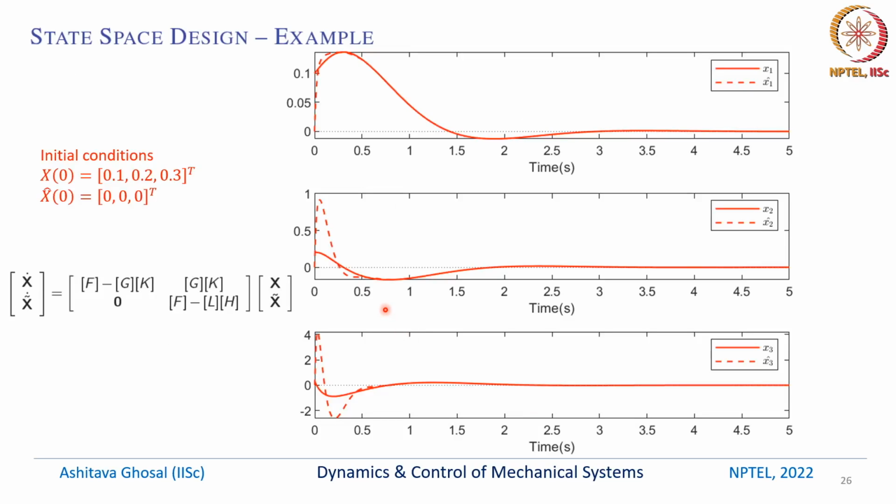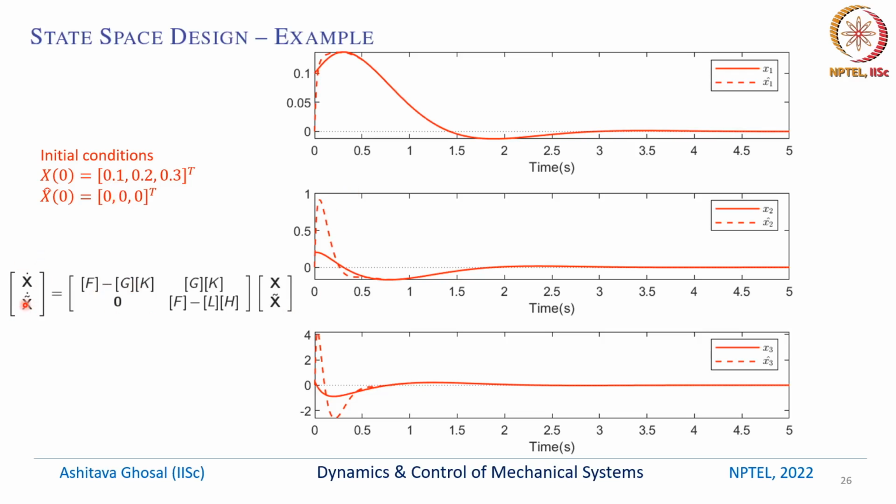And we can again plot the states. In this example, we can choose x0 as 0.1, 0.2, 0.3, and the x hat initial conditions are 0, 0, 0. Again, we can solve two differential equations: x dot = (F - GK)x + GK x tilde, and x tilde dot = (F - LH) x tilde.